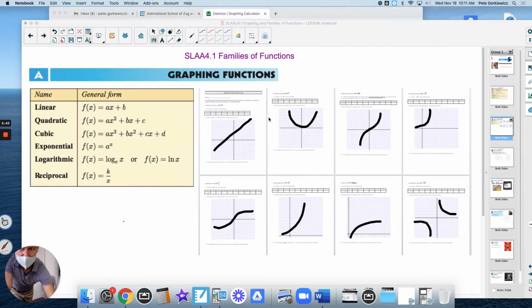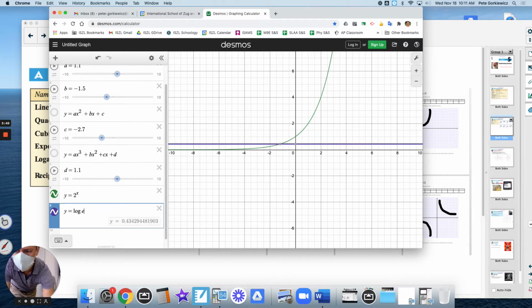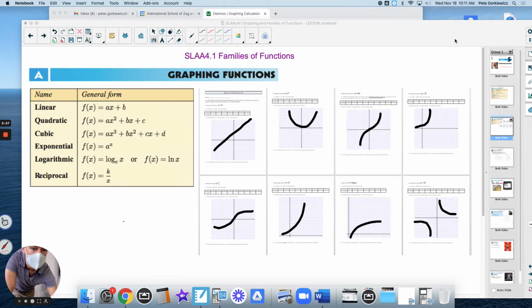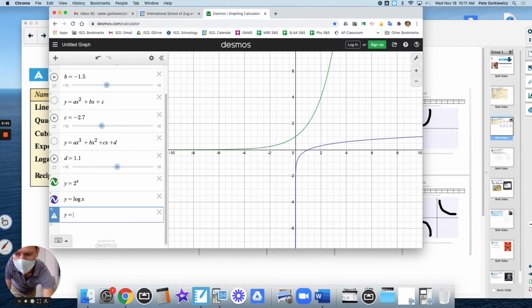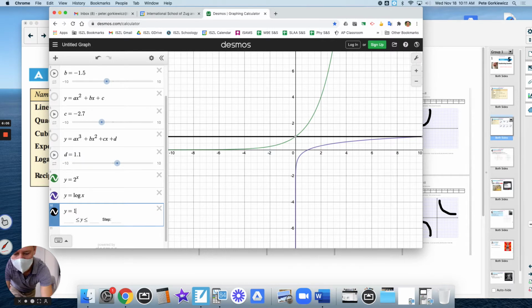Maybe you've seen those before. Logs look a little different, and we'll talk about what logs are. Log 2, or log x, looks like that. It comes up, tapers off. And reciprocal functions look like y equals 1 over x, 3 over x, whatever.